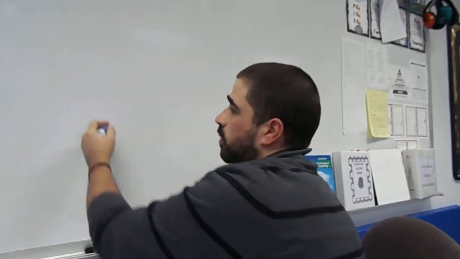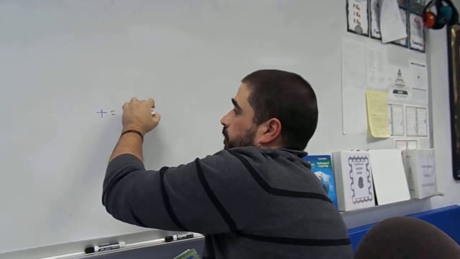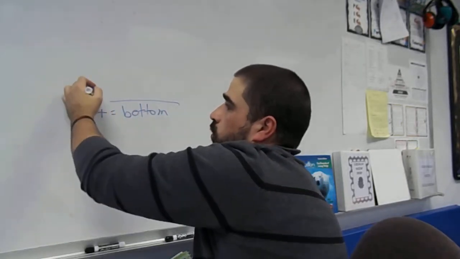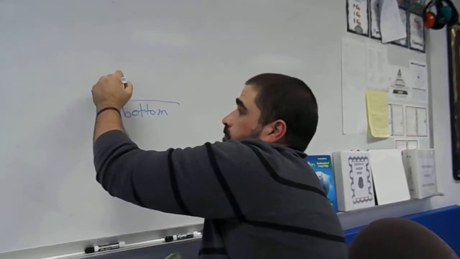Now, when you have word problems, what I want you guys to know is all you have to do is look at the word problem and figure out which one is the time and which one is what the time is looking at. Anytime you have a word problem and you're looking at proportions, the time, the length, always goes on the bottom, and whatever you are measuring that time by goes at the top.